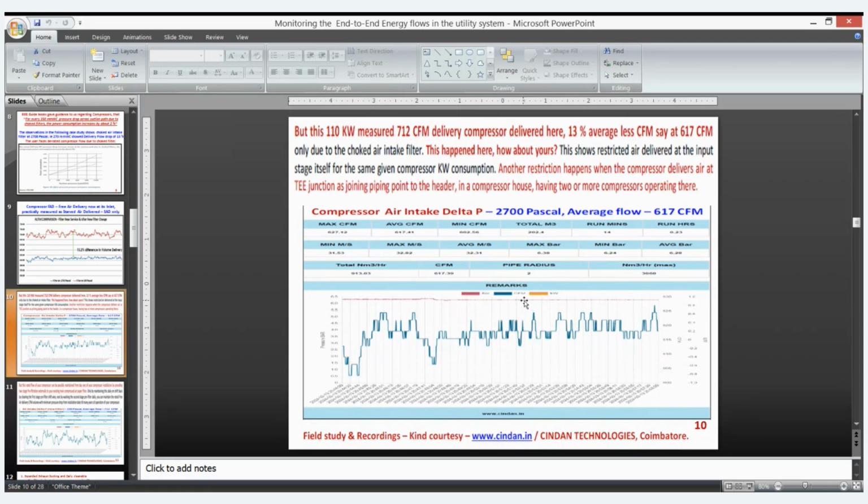That is why I said, let us monitor the end-to-end energy loss in the system: at the compressor input, at the compressor element, at the post air cooler, at the compressed air pressure at the refrigeration dryer, and what is finally given to the process.